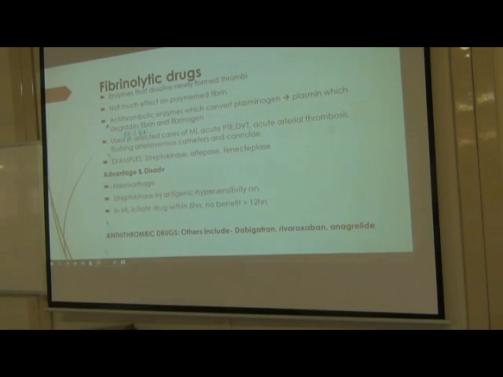So if it's a new clot, the drug will be able to dissolve the clots, the thrombus. But if it's already hardened and polymerized, it really doesn't have any effect. So it needs to be used early in the patient.